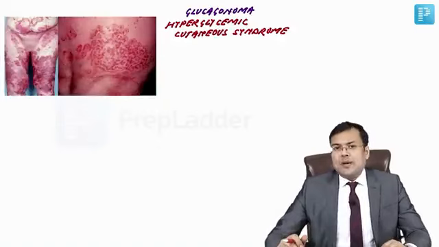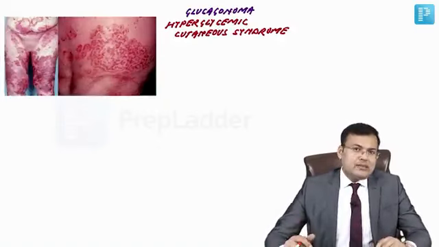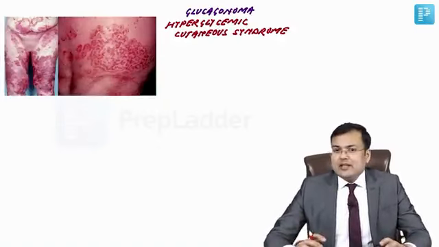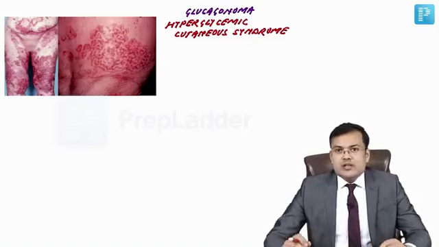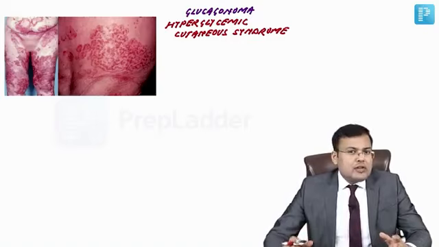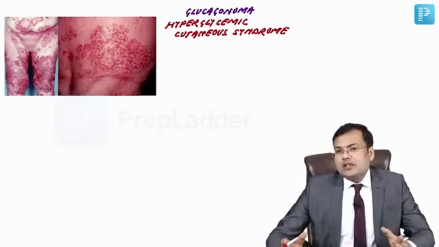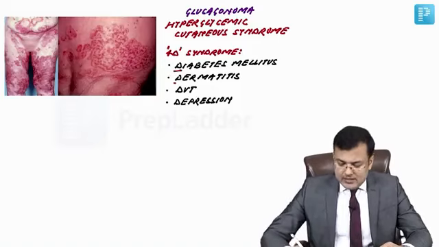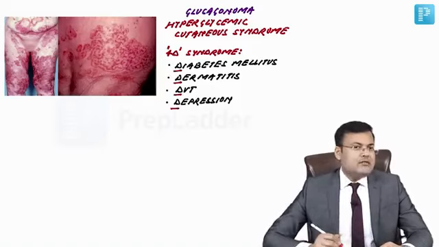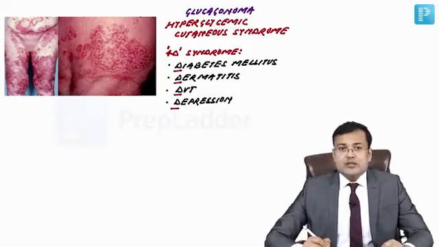This is glucagonoma. In glucagonoma, there is diabetes mellitus or hyperglycemia, and there is dermatitis. So this is also known as hyperglycemic cutaneous syndrome. It is also known as 4D syndrome. What are the components of 4D? Diabetes mellitus, dermatitis, DVT, and depression.